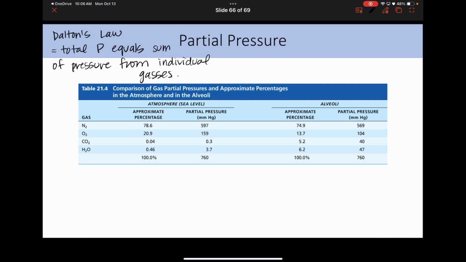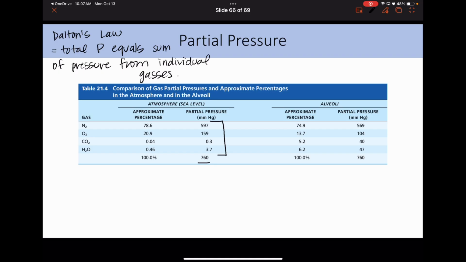We'll finish here and we'll catch up with respiratory volumes next time. But Dalton's Law just says that the total pressure in the atmosphere equals the sum of the pressures from the individual gases. And so these are all of our partial pressures here in the atmosphere at sea level. And so all of those pressures equal our 760 millimeters of mercury, which is our atmospheric pressure.